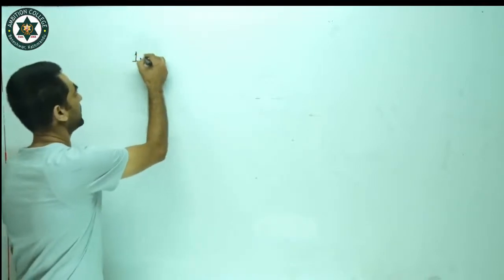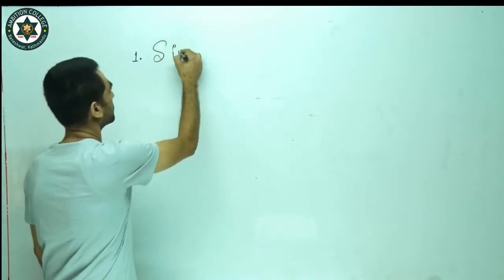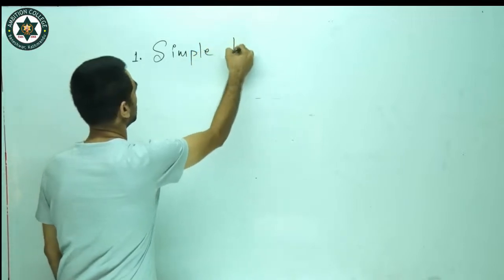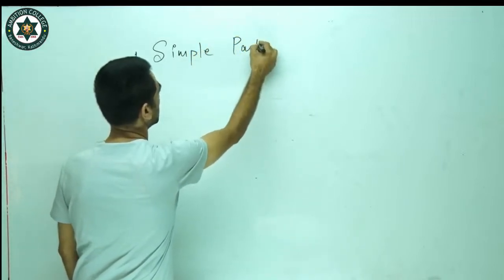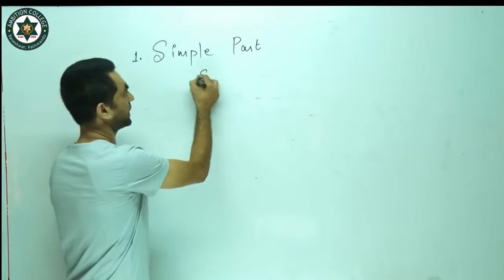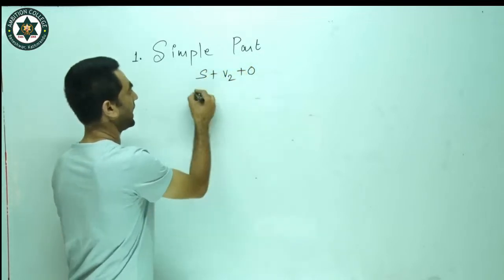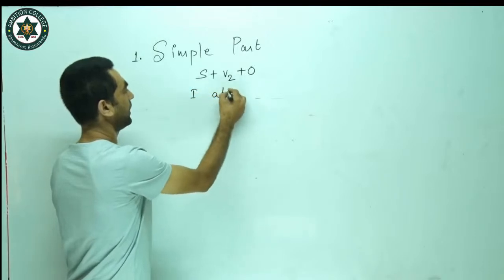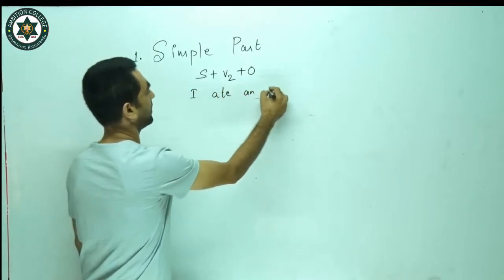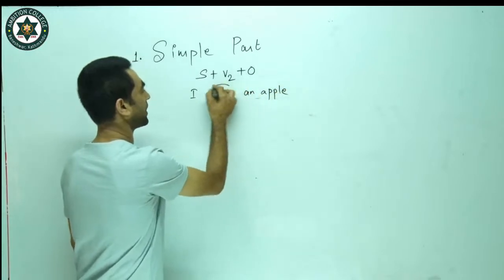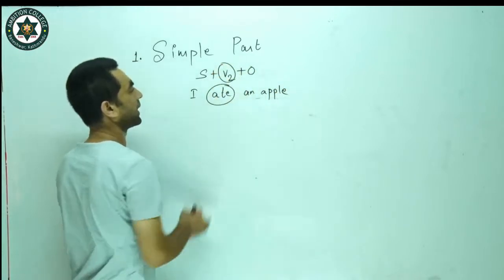The first one is the simple past. The structure for this is like, I ate an apple. We have V2 here.